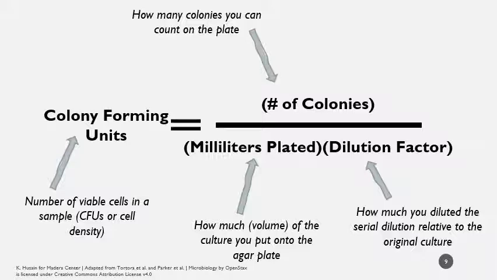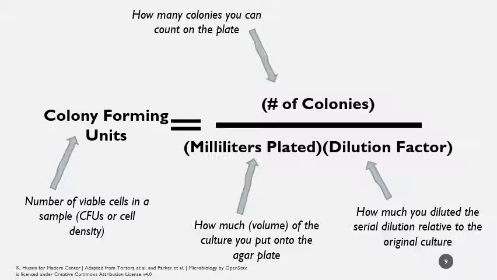If we added more volume, then it's not going to be as significant. But if you added a very small volume and you got the same amount of colonies, that says something. So you're controlling for adding that volume. And that volume has also often been diluted.